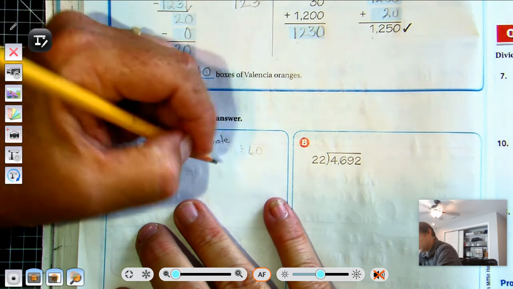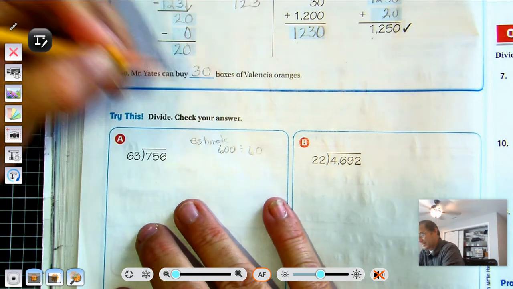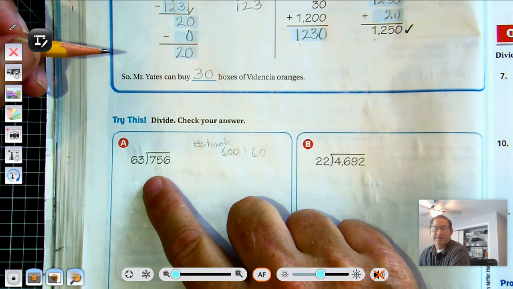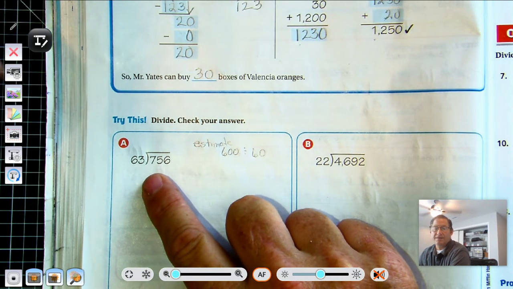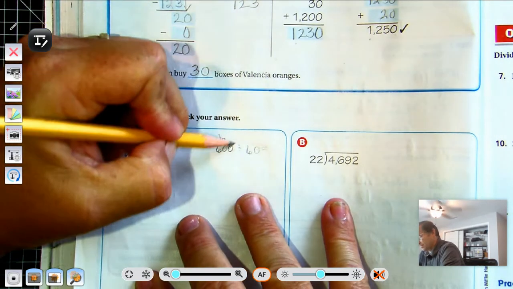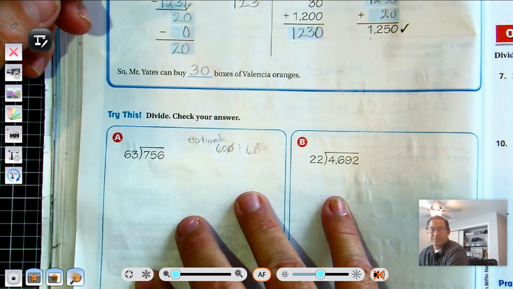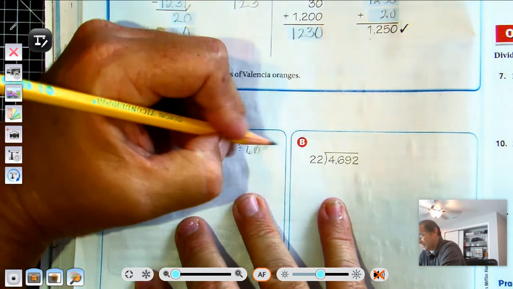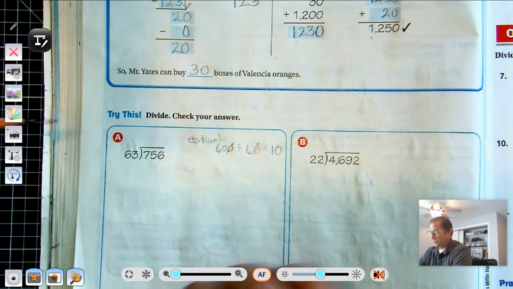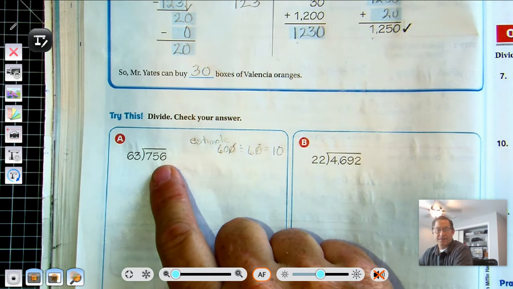Well, I would just use 600. Okay, because the next multiple of 6 is 12, and that would be much further away from 700 than 600 would be. So if we eliminate the end zeros of the divisor and dividend, that leaves us 60 divided by 6, which is 10. So I would expect my answer to be in the tens place.